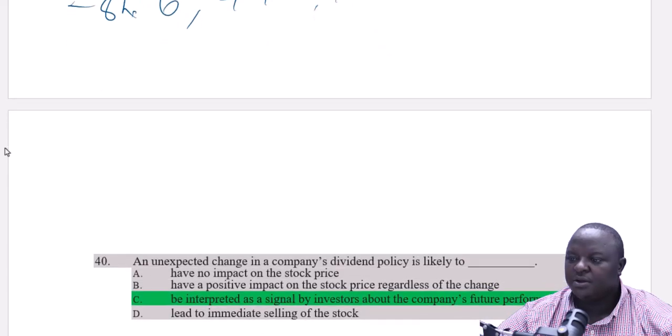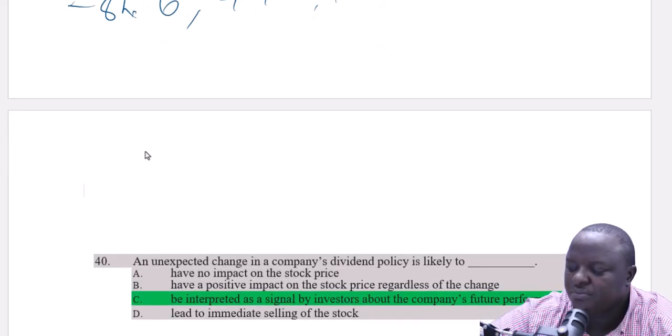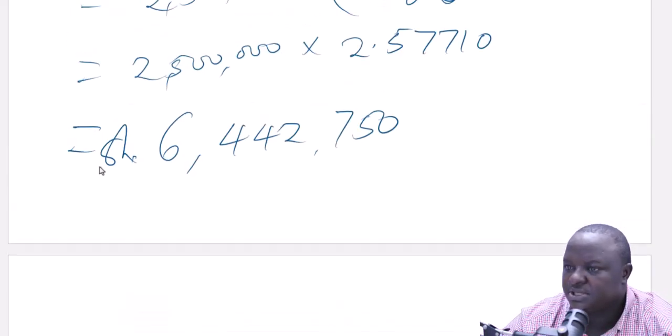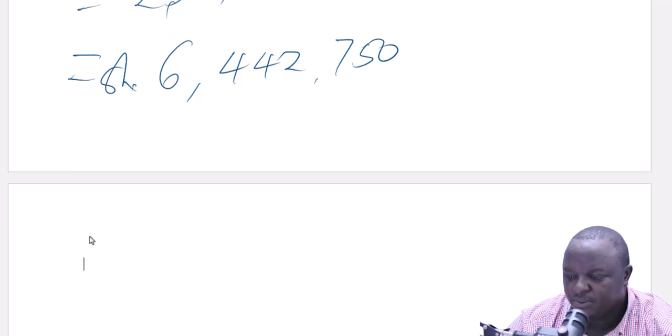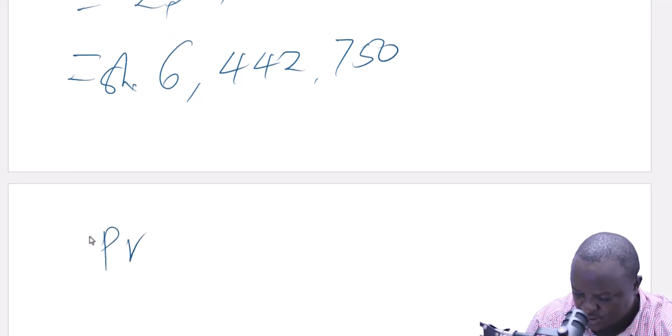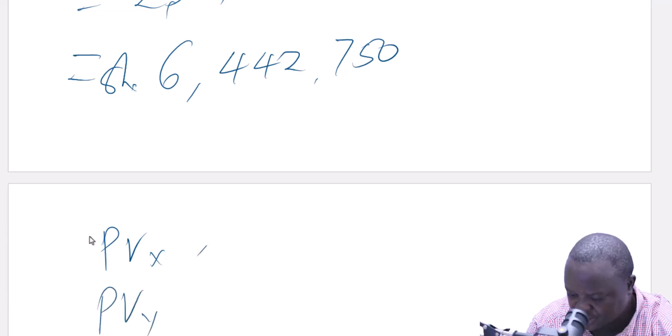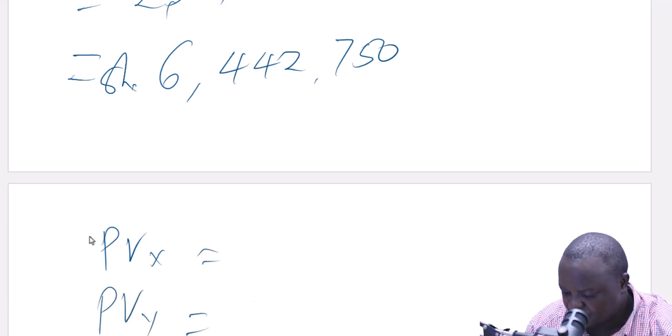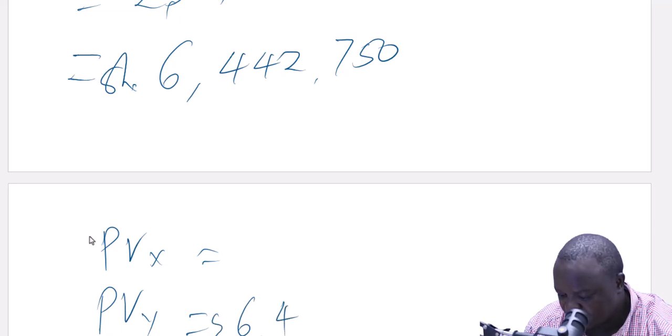So in that part we have the present value for project X, and we have the present value for project Y. The present value for project Y is 6,442,750.